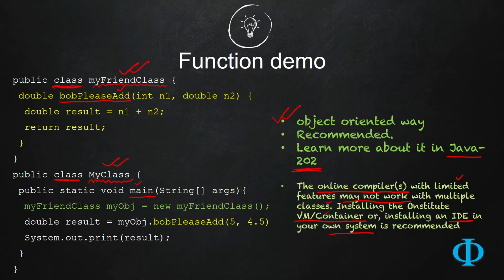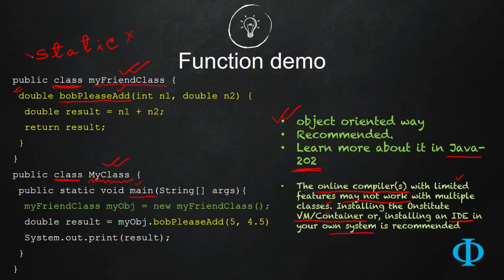Now when we are discussing the object-oriented way, one difference you will see in the function implementation is that I did not use the static keyword here. The static keyword is not very much encouraged in Java programs. However, as I have mentioned, it's a great way to start working with Java and to kickstart your programming skill, but it is not a recommended way.